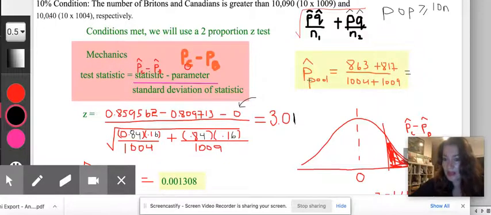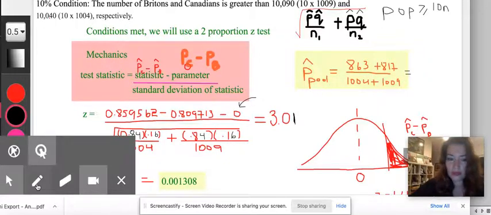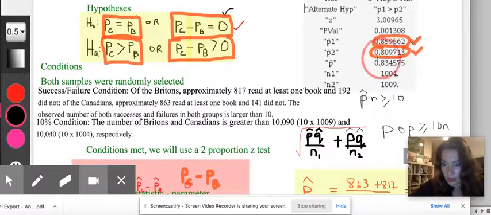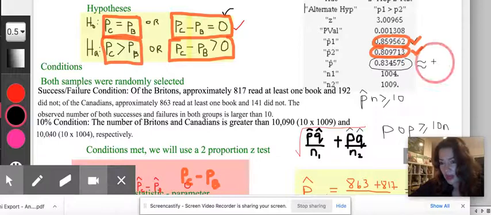The pooled amount is 0.834575, approximately 0.84. So I'm going to use 0.84 in the standard deviation.